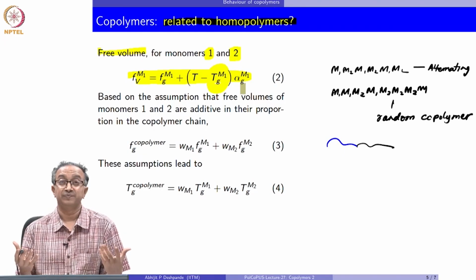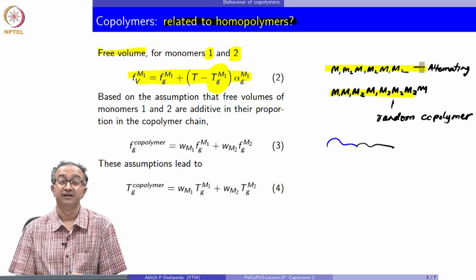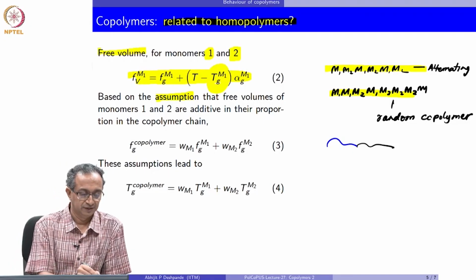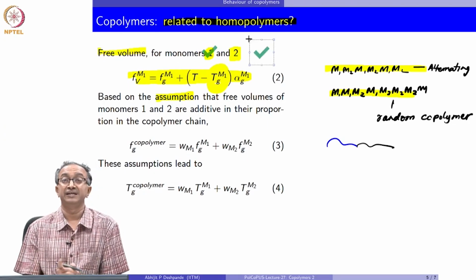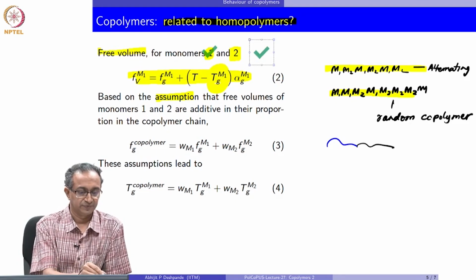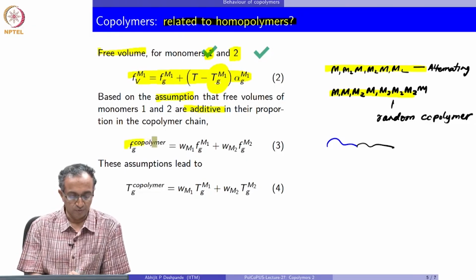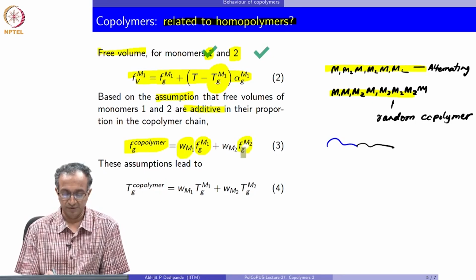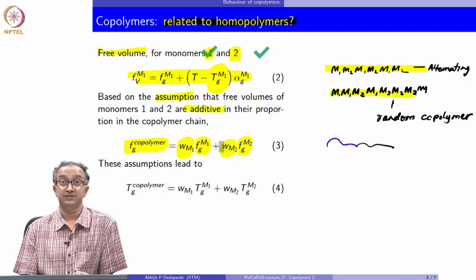So, now we have these two monomers combined together either in a random or alternating fashion, and so we make an assumption that whatever is the free volume of 1 and whatever is the free volume of 2, they combine in an additive fashion. So that in the final copolymer, the free volume of 1 is weighted by its weight fraction, and similarly the free volume of homopolymer 2 is weighted with its weight fraction.